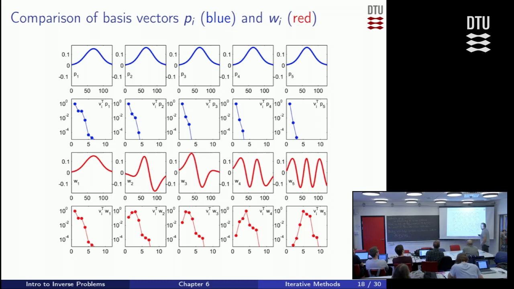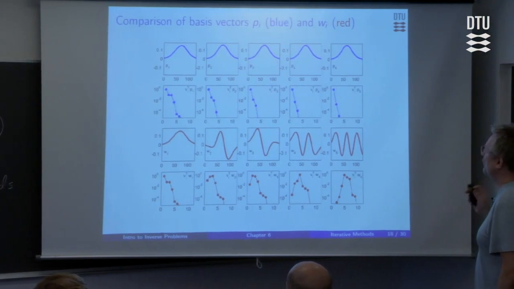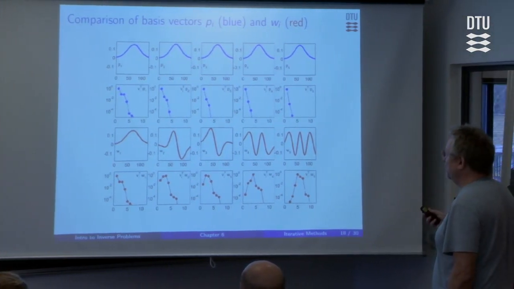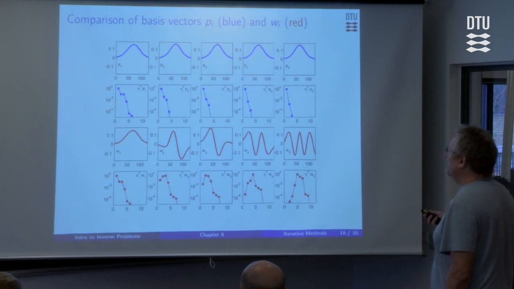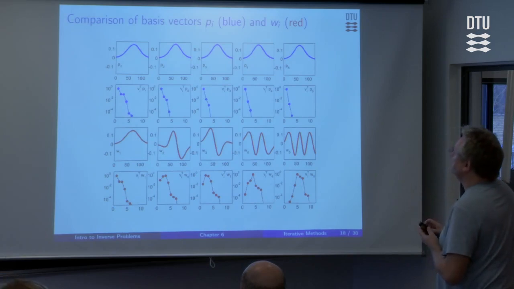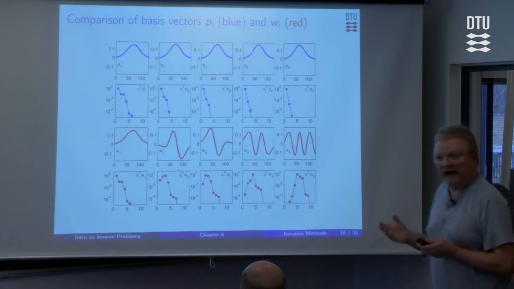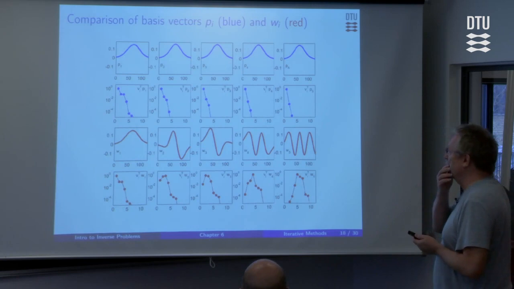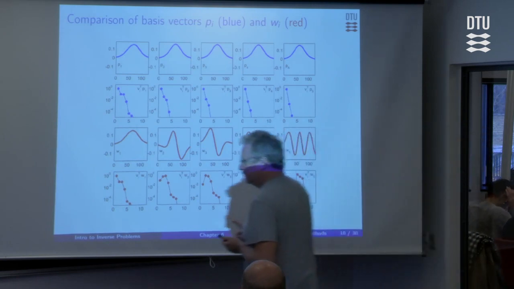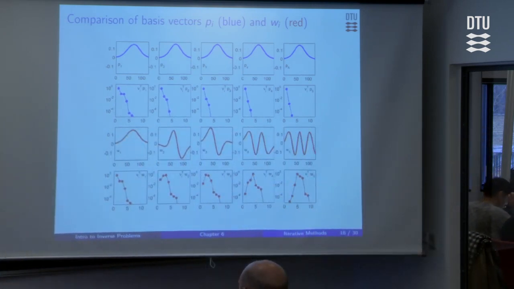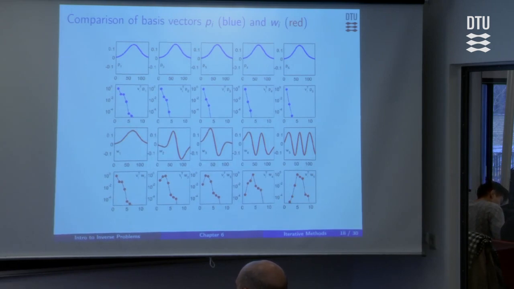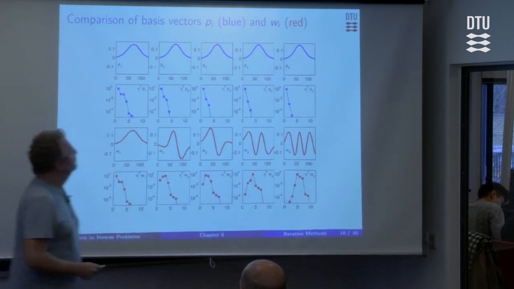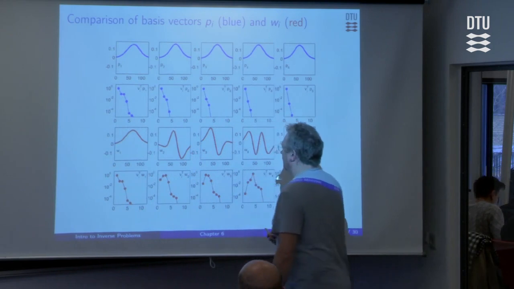Here what I'm doing is showing you the coefficients of these basis vectors expressed in terms of the right singular vectors. So for example, which one should we take?